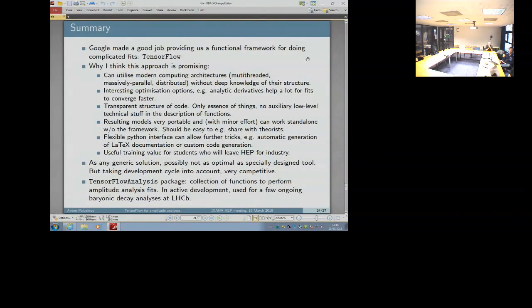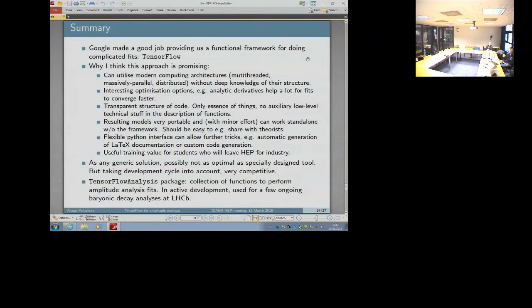The code structure is quite transparent, so you don't need to go low level to write your amplitudes, and the models are very portable. I think with some minor effort we can even make them a universal tool to describe the amplitudes, and maybe to give some code to the theorists to reproduce and so on.